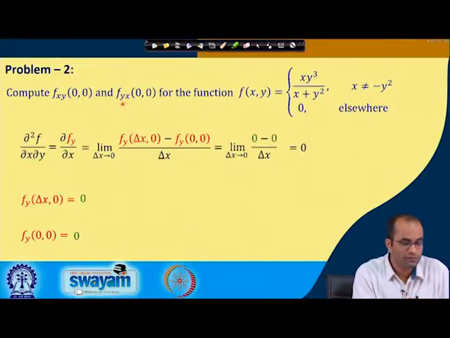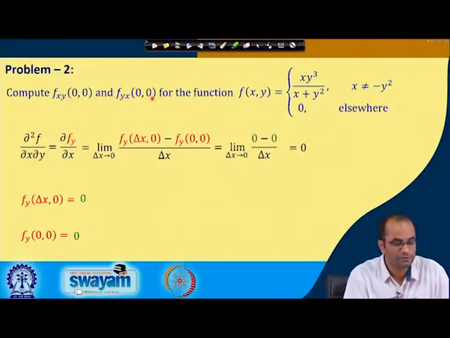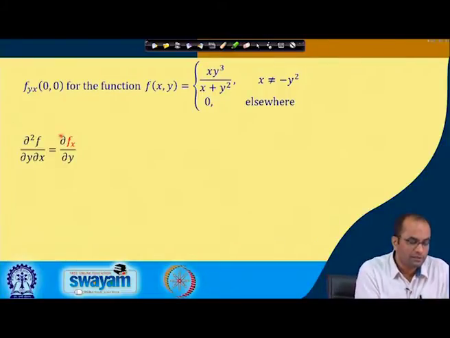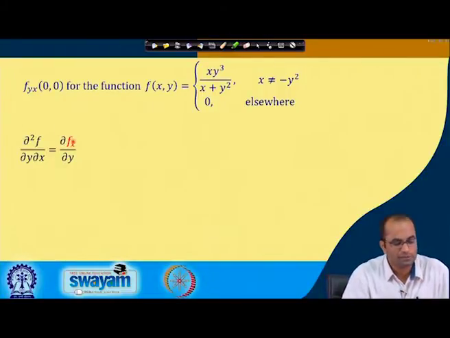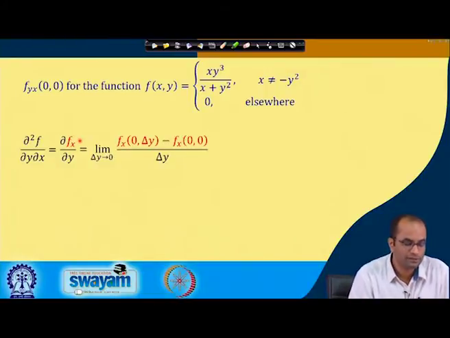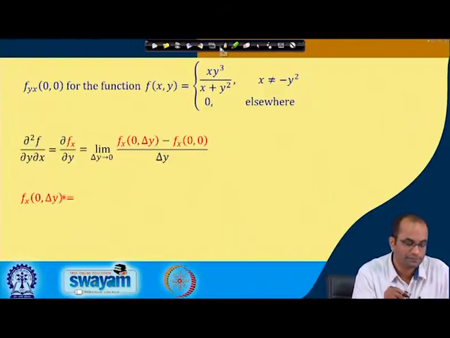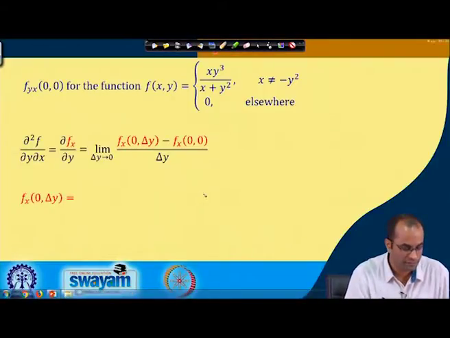Now, we will compute the other one, f_yx of this function. So, here now the partial derivative with respect to y of this function f_x, again by the definition, an increment in y, and then we need to compute again this partial derivative here at (0, delta y) and at (0, 0). So, we are computing now at (0, delta y).